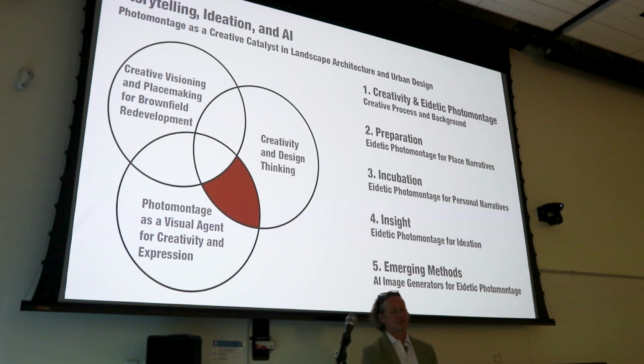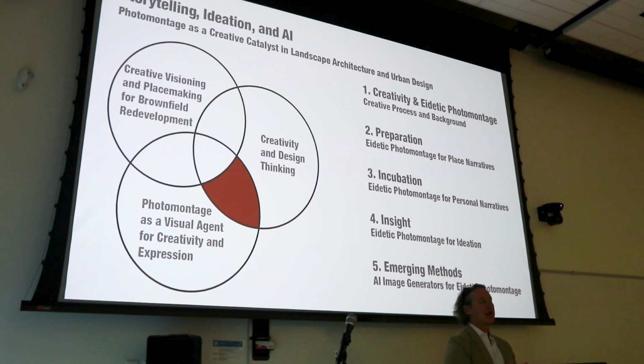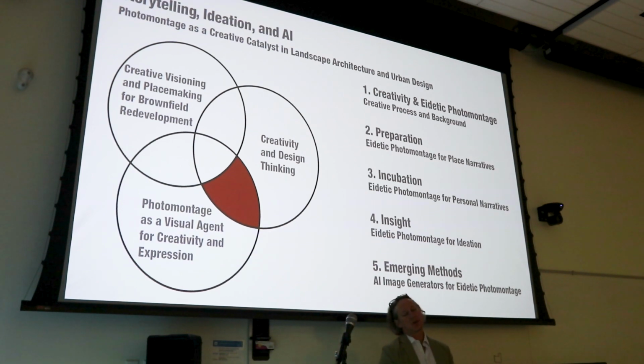On the right side of the screen, you can see the outline for today's presentation. I'm going to start off by talking about creativity, just kind of a background. I'll talk a little bit about the class I teach on creativity, and then talk about how that connects with photomontage. And I'll talk about three specific stages of the creative design process: preparation, incubation, and insight. And talk about how specific approaches to photomontage can assist you in each of those three phases.